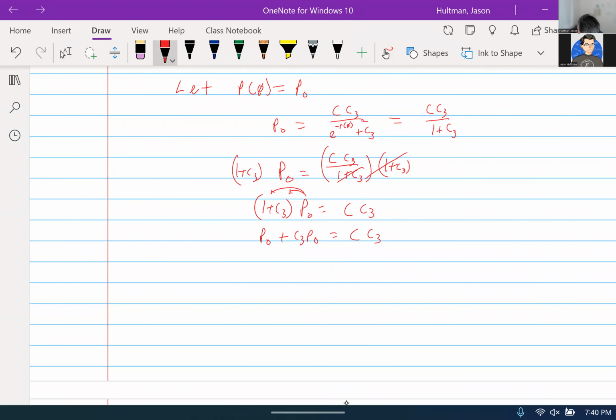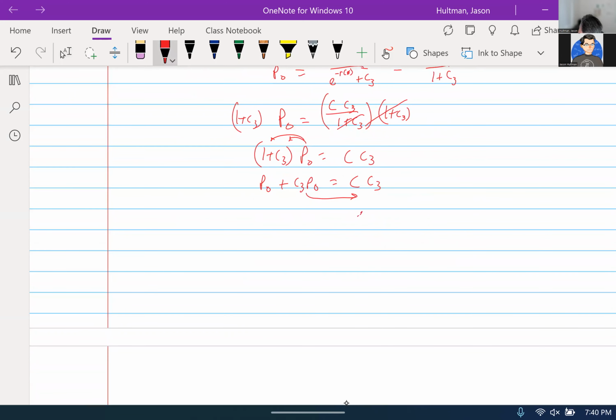Okay, let's toss this guy over here, and we get C C3 minus C3 P naught is equal to P naught. Factor out the C3, we get C3 times C minus P naught equal to P naught.